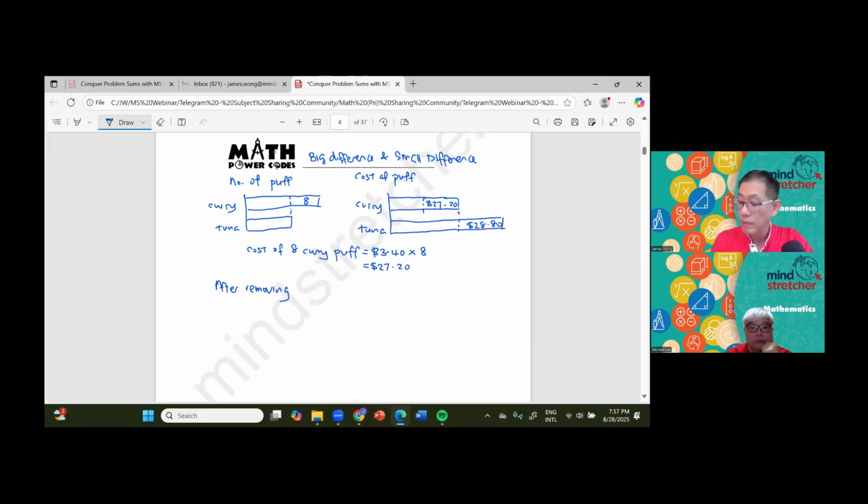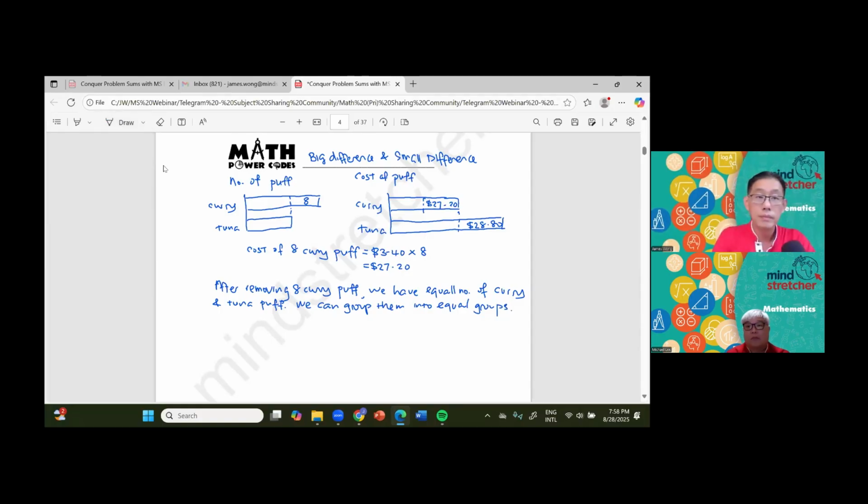After removing 8 curry puff, we have an equal number of curry and tuna puff, and we can group them into equal groups. All right. Okay, let me shift this up.